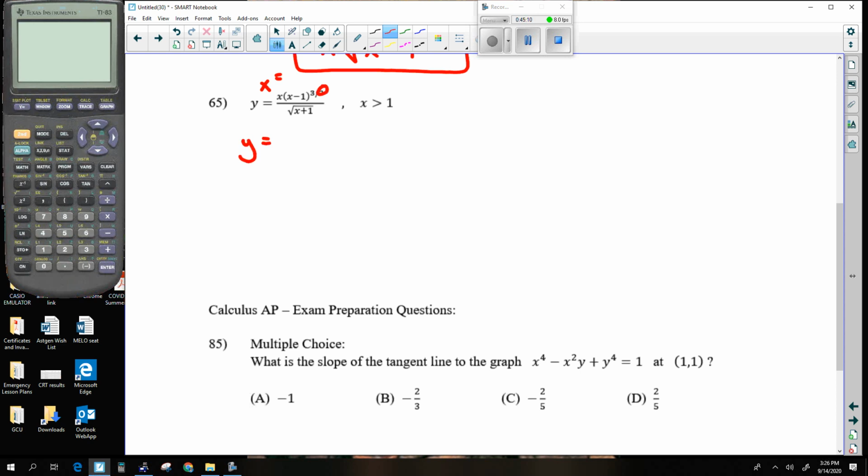So y is equal to, be careful, dude. dy/dx, this is just nasty. Bottoms up. Derivative of the top.